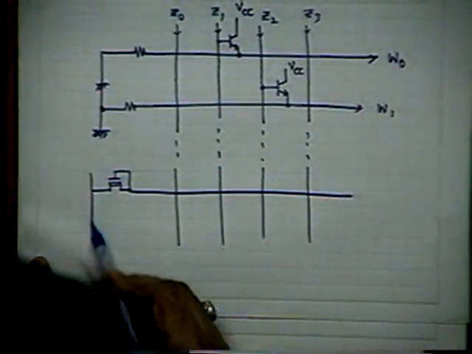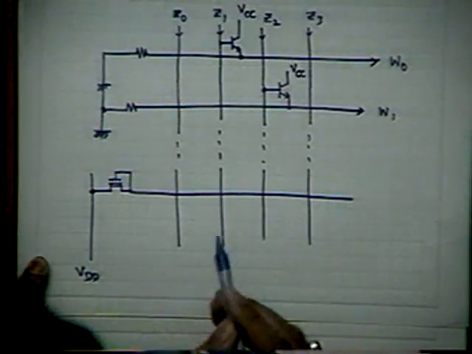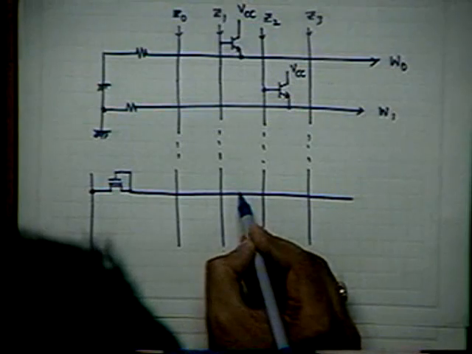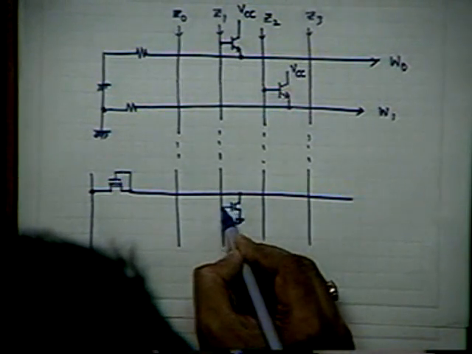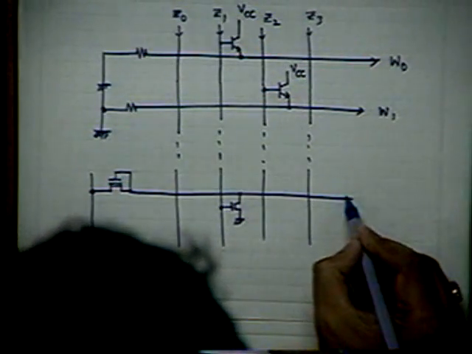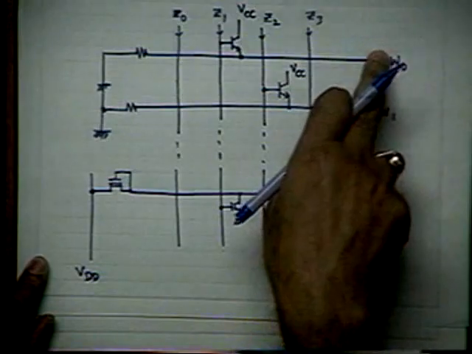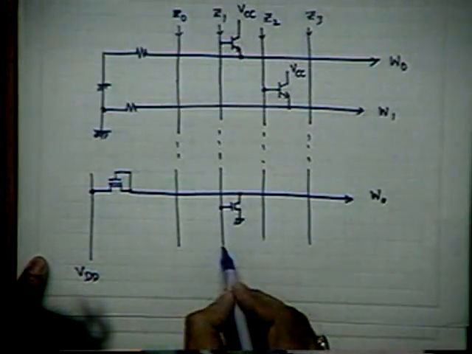These are VDD lines, and the only thing you do is, say at this point, but here you will get the complement of the actual data. That is how you have to design this thing.